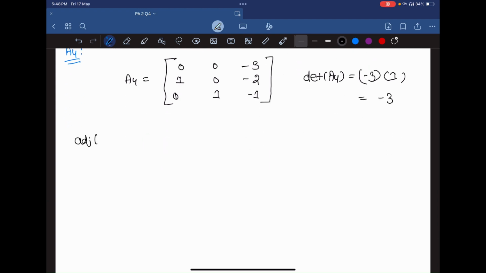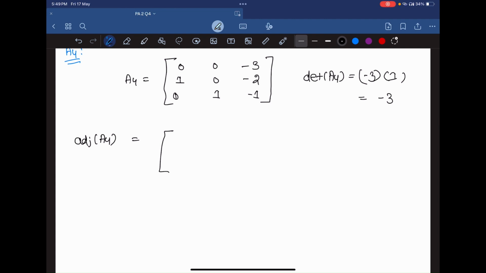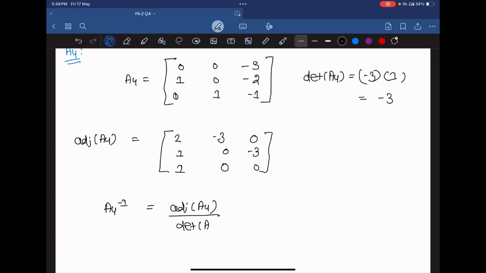Now let's calculate adjoint for matrix A4. Here the adjoint matrix would be 2, minus 3, 0, 1, 0, minus 3, 1, 0, 0. So A4 inverse is given by adjoint for matrix A4 divided by determinant of matrix A4, and determinant is minus 3.